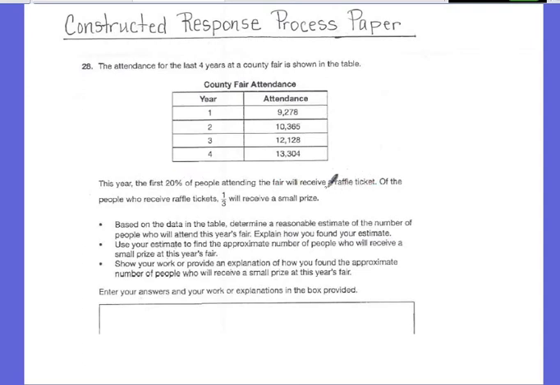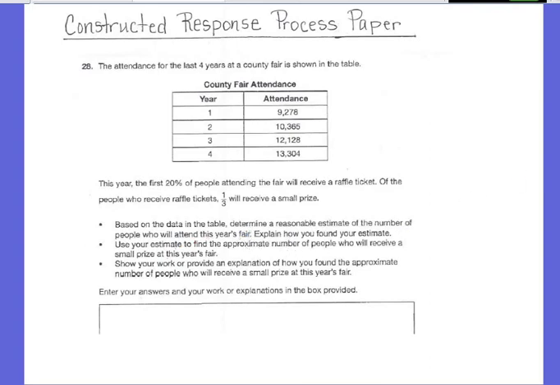Of those people, 1/3 of them will have a small prize. Well, I just found an estimate of how many people are going to attend this year, 14,600. It says use that estimate. So no matter if I came up with a wrong estimate on the first bullet, if I use it on the second bullet, they're going to say, oh, okay, they know what they're doing here. So use whatever number you came up with. For me, my estimate was 14,600.